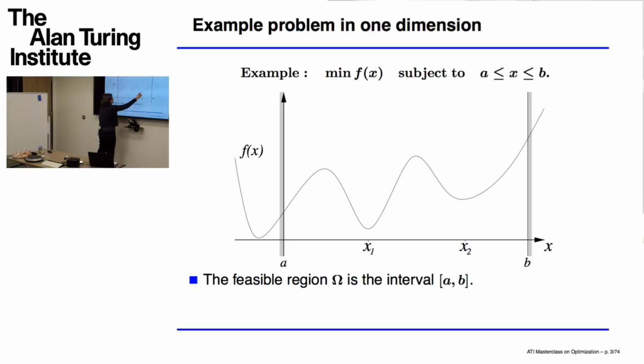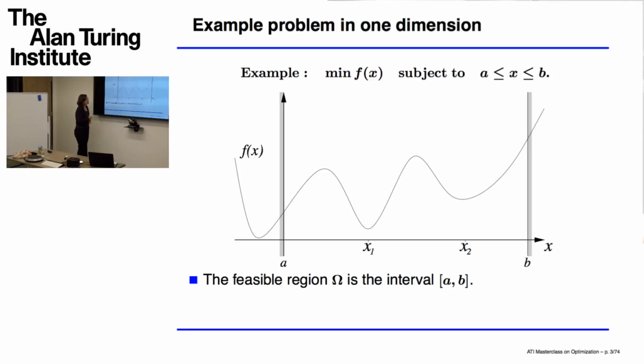Then I see that at this point, something interesting happens, because around this point, f takes its smallest value in a sufficiently small neighborhood. And this is what we refer to as a local minimizer.